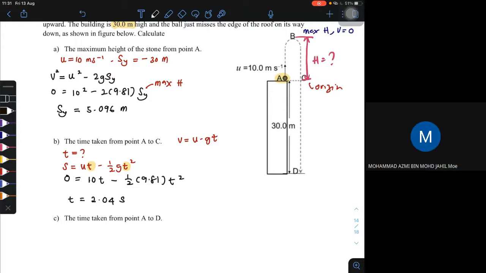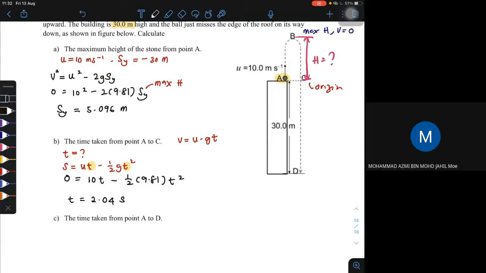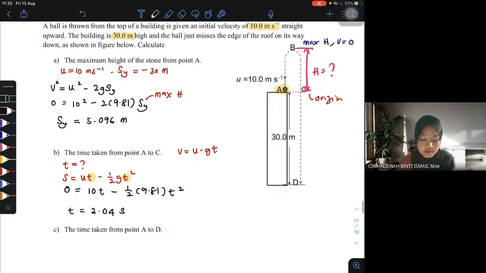Boleh juga Miss guna formula pertama tadi. Guna formula yang V sama dengan U tolak GT tu boleh juga. Okay, yes. You should be able to get that one juga. So V kamu letak what value? Negative 10. Negative 10, okay.